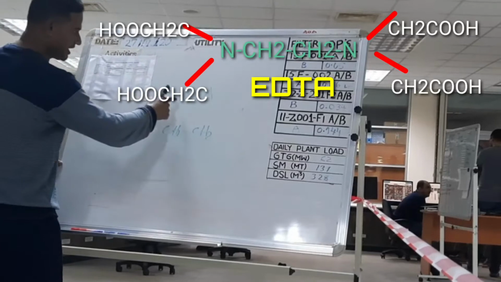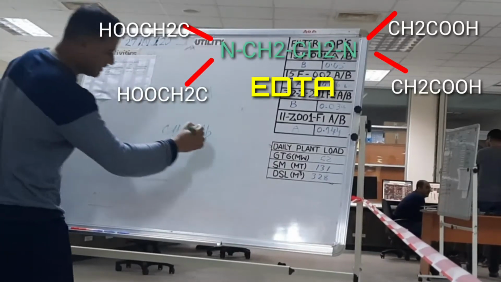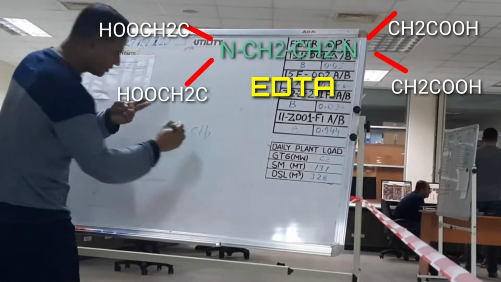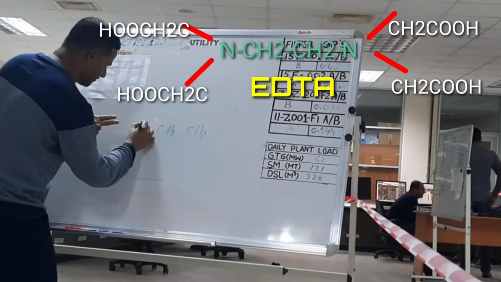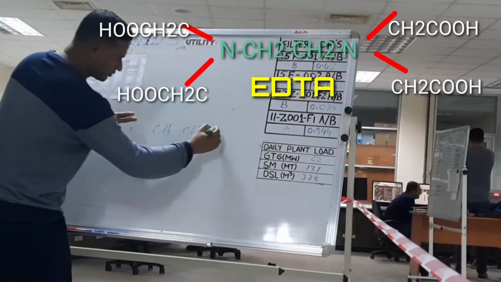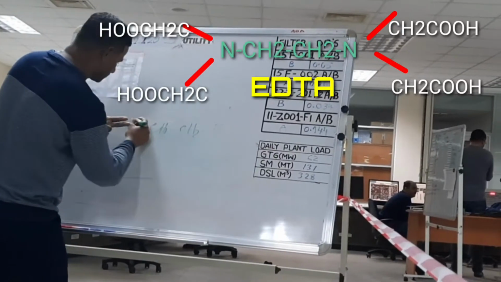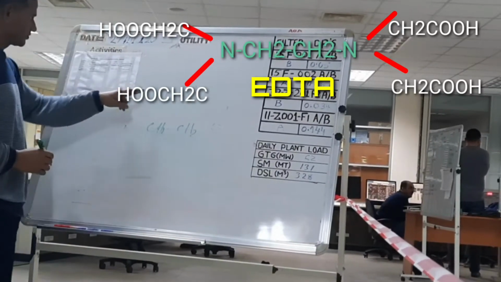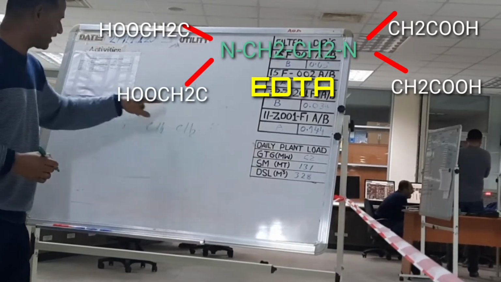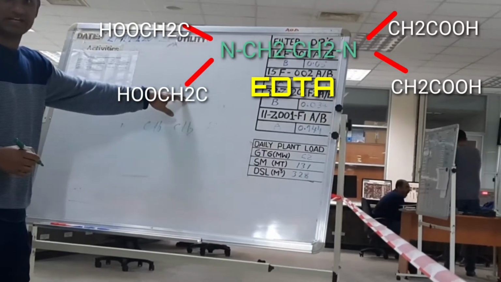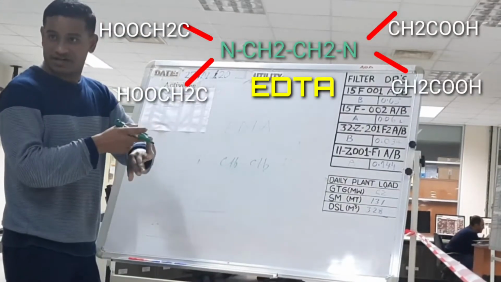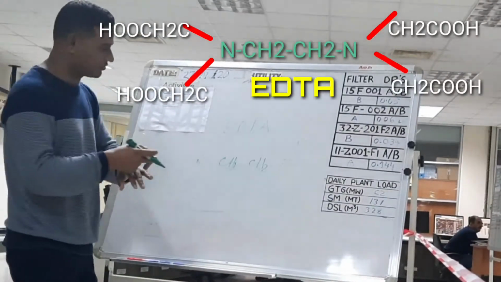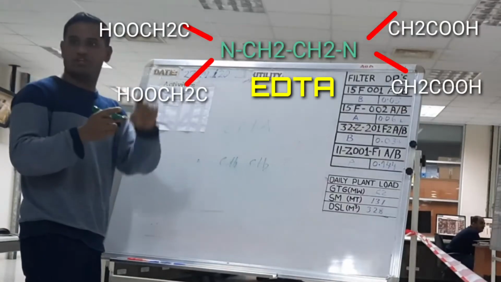Ethylene diamine: di means 2, so this side one amine, this side one amine, both amines have a pair. And next is tetraacetic acid. Tetra means 4: mono, di, tri, tetra. Tetraacetic acid means 4 acetic acid.